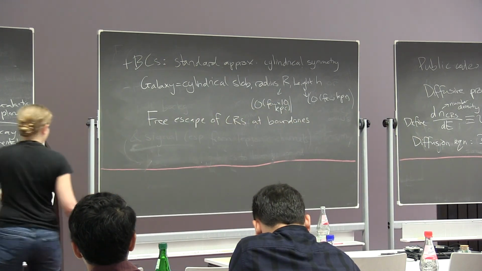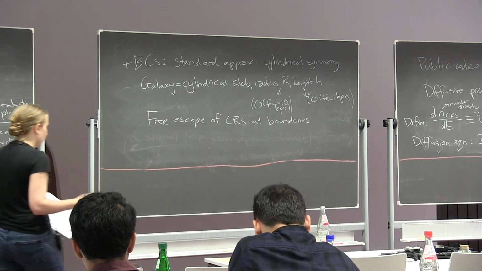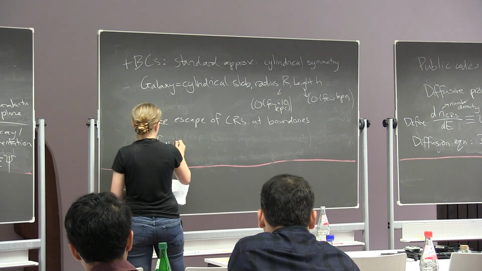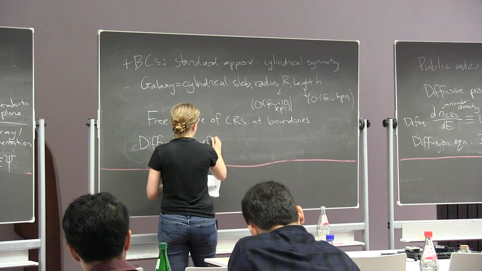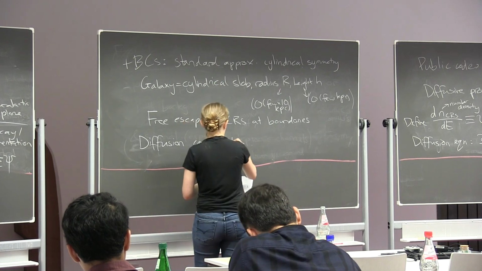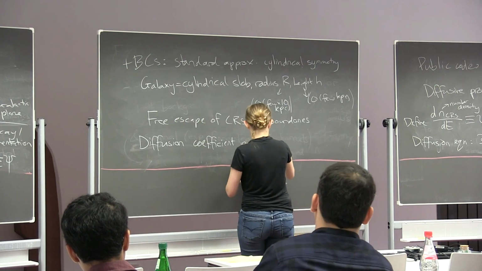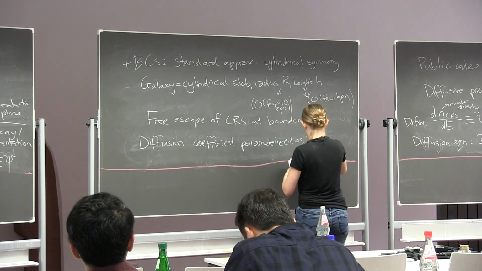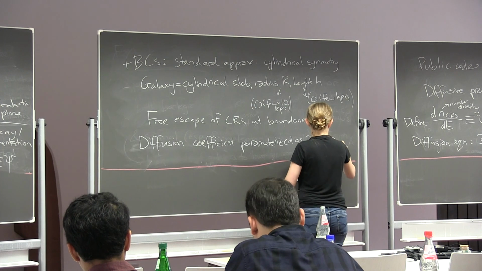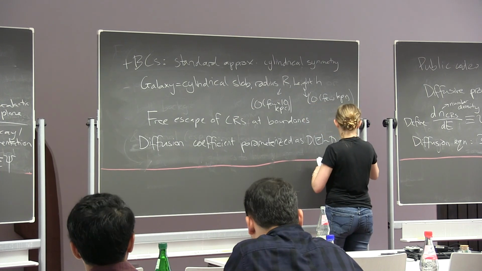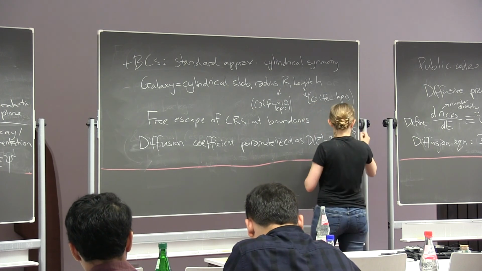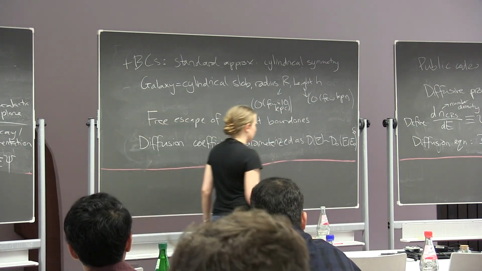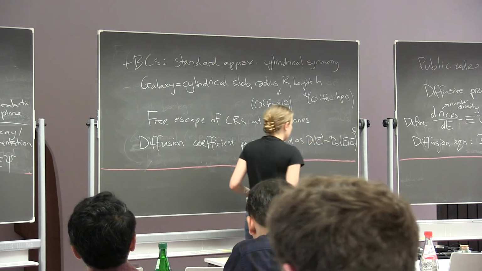The other approximation that's usually made is that the diffusion coefficient is just parameterized as a power law. The details of this power law basically depend on the degree of turbulence in the magnetic field.